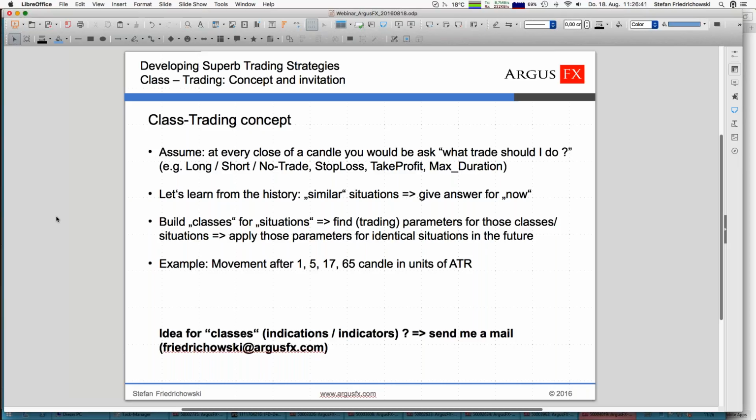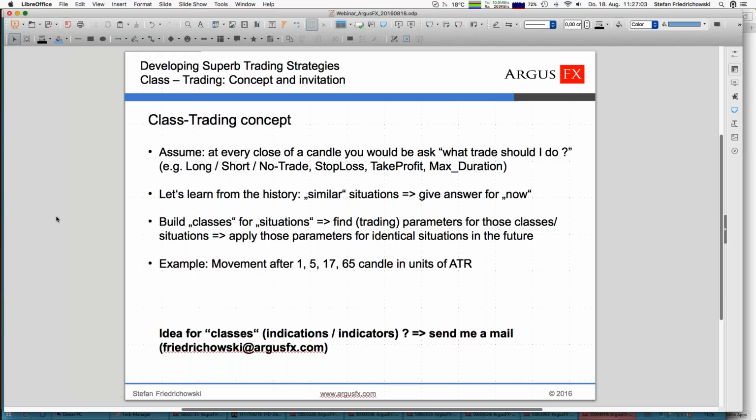That might be a nice name, but what I mean with exactly that kind of concept, I will show you with the next comments, and with one example within an Excel sheet as well.